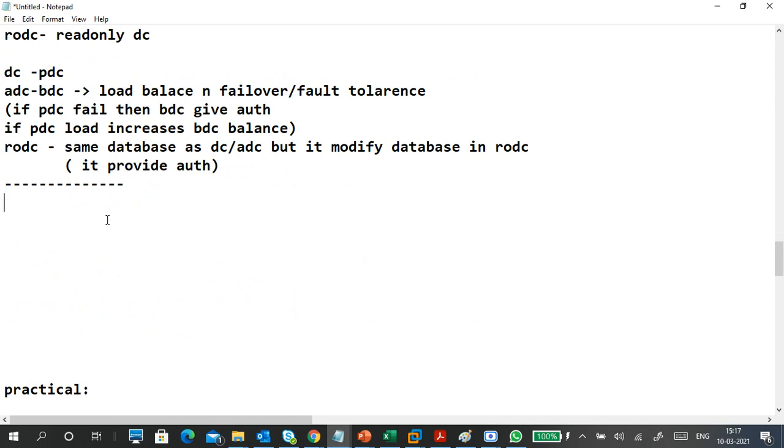Next, forest is like an enterprise. The forest we also call the root domain controller, or forest domain controller, the first domain and first DC.